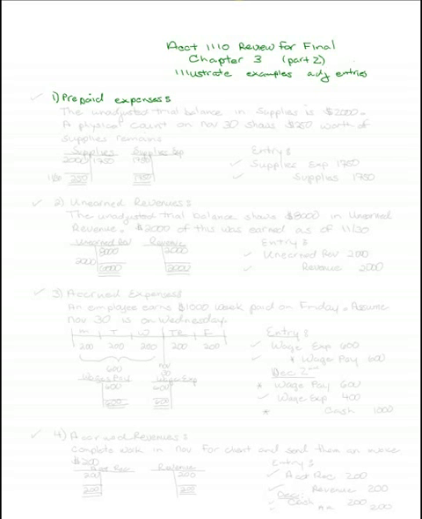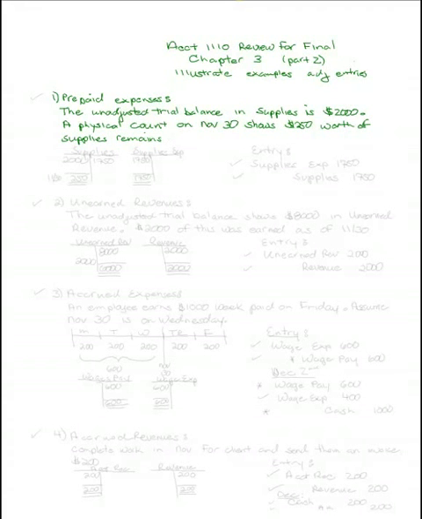I'm going to put you on pause and write down a little problem and then have you help me solve it. Let's assume that our unadjusted trial balance shows supplies having a balance of $2,000 in the account, but a physical count on November 30th shows $250 worth of supplies remain.